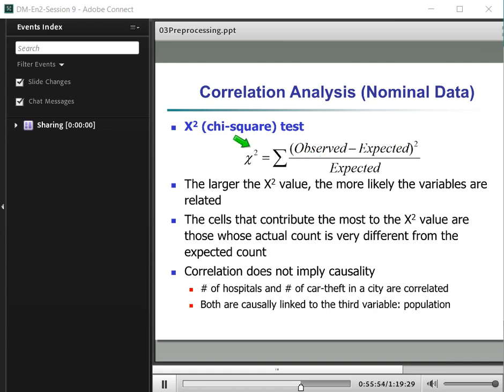Chi-square is equal to the summation of the square of the differences between the observed value and the expected value, divided by the expected value.